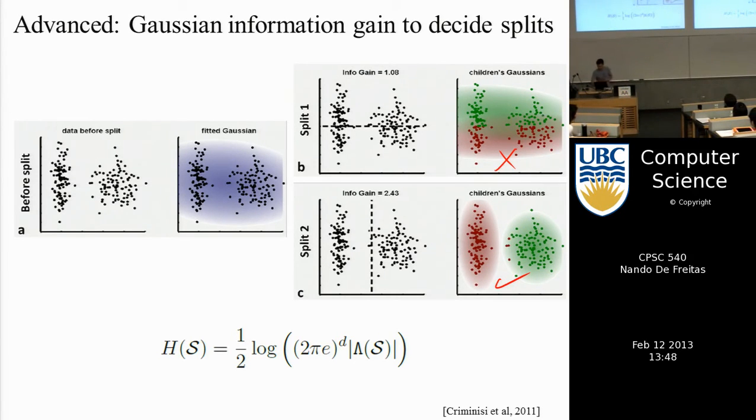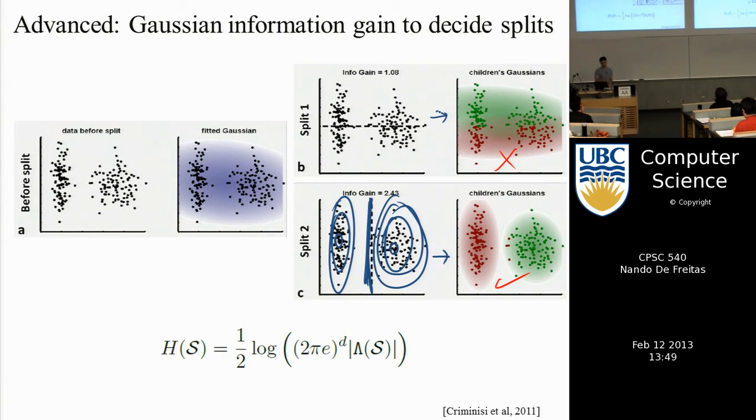when my decision is this vertical bar, I end up with these points on the right, and then what I do is I just fit a Gaussian to these points, and I fit another Gaussian to these points, resulting in this plot that I'm showing you here on the right. And then if I use a different split, these are the 2 Gaussians that I get.